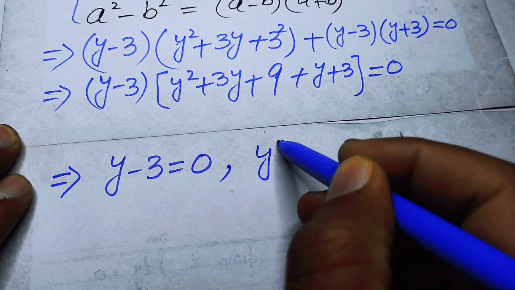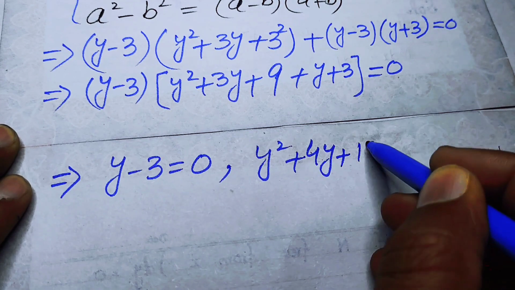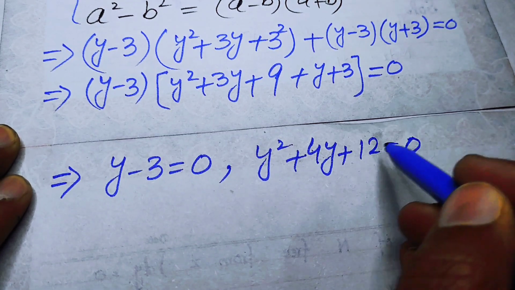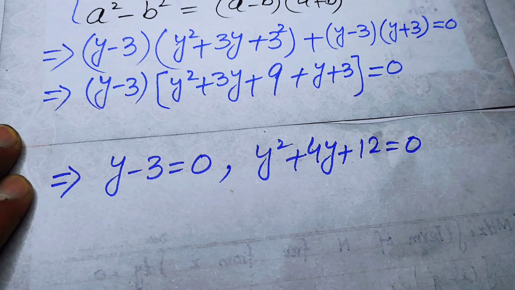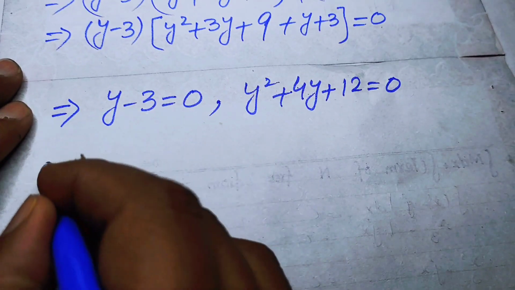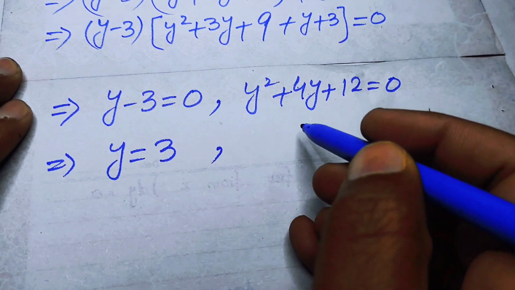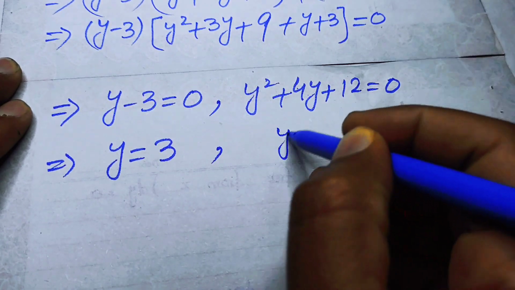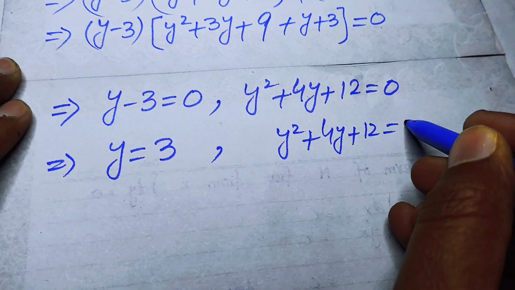Here we get y squared plus 4y plus 12 is equal to 0. So now we have two cases, so that we can solve these two cases in order to find the values of m. In the first case we have y is equal to 3, and in the second we have y squared plus 4y plus 12 is equal to 0.